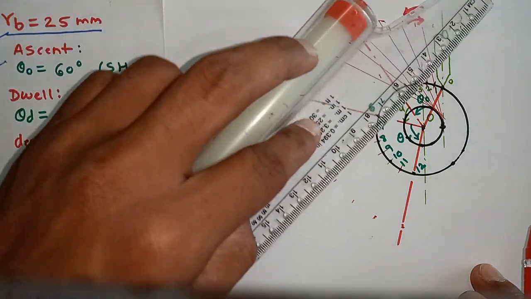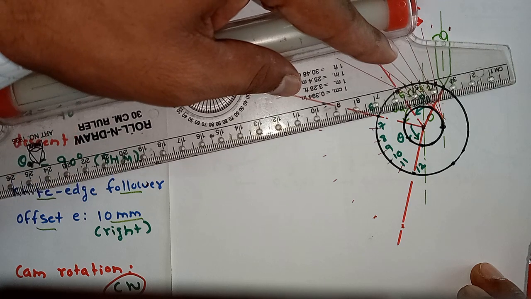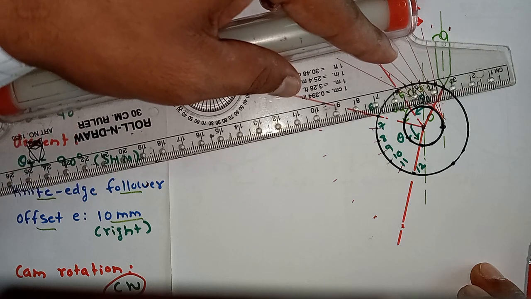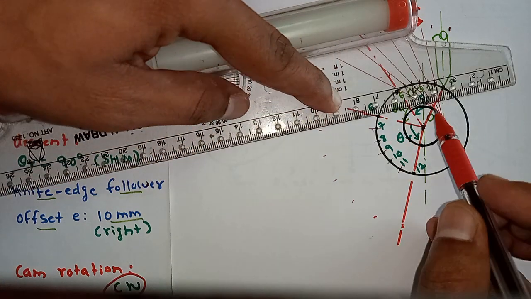We will do the same thing for the return stroke. Remember that we have to also draw the tangent lines passing through point number 6 and 12.